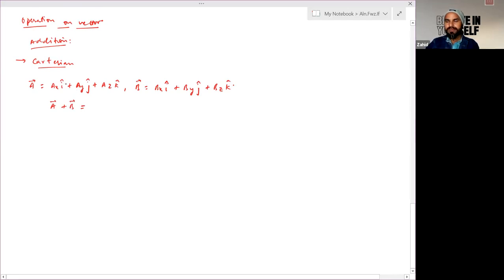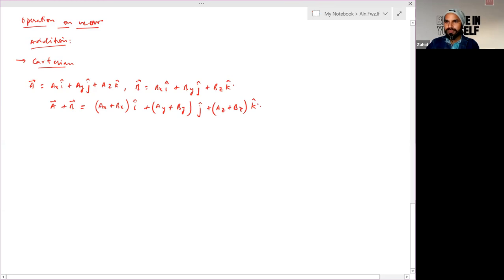By using the principle of homogeneity, only like terms, or only quantities which have the same unit vector, must be added or subtracted together. So we have i component as ax in the first part and bx in the second part. So it will be ax plus bx times i cap. Similarly, ay will be added with by only, j cap, and az plus bz times k cap.